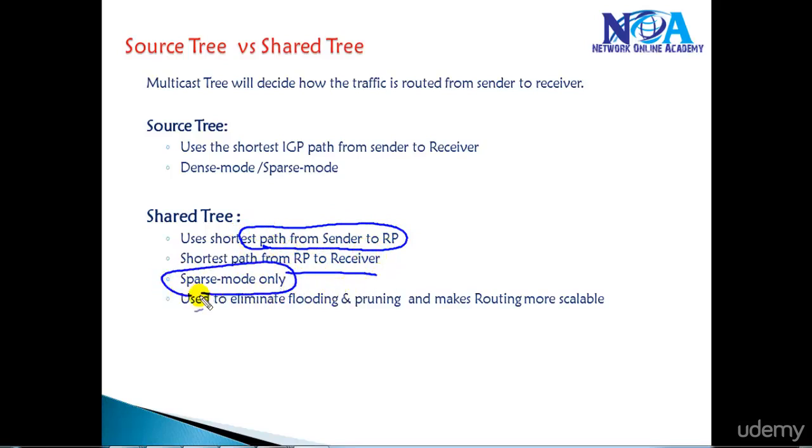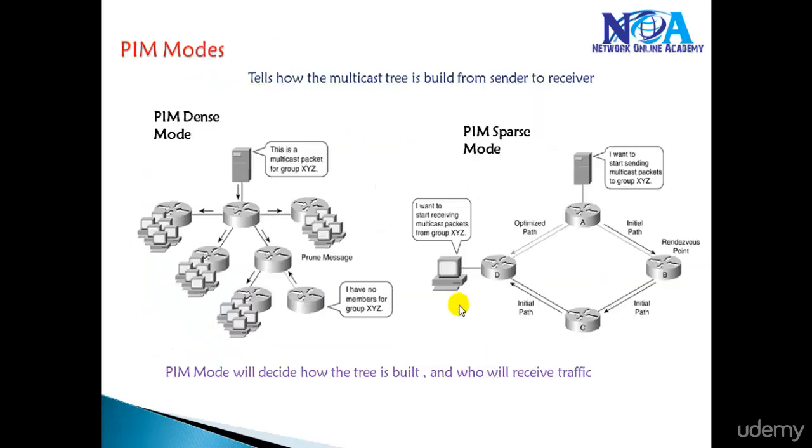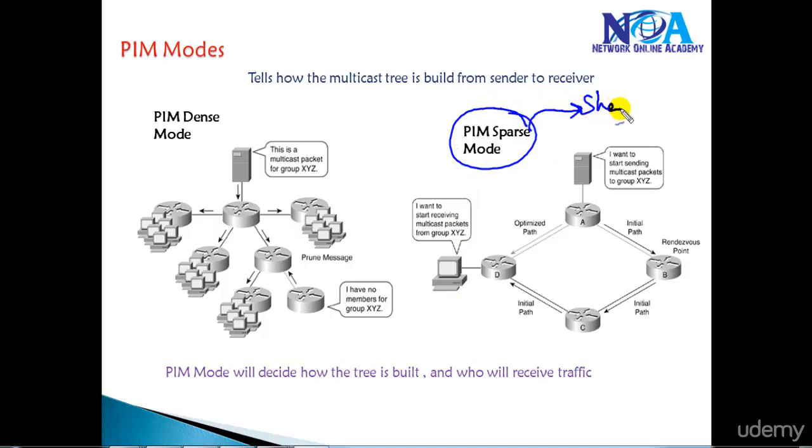It works only in sparse mode because the RP configuration only comes in sparse mode. One of the major advantages of the shared tree is that it eliminates the flooding and pruning and makes the network much more scalable. So in production networks we prefer to use sparse mode, which is most commonly used.